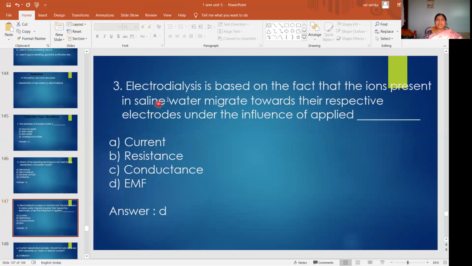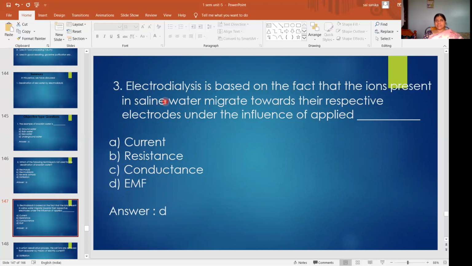Next, the third one. Electrodialysis is based on the fact that the ions present in saline water migrate towards their respective electrodes under the influence of applied dash. Read the question carefully. What happens in electrodialysis?